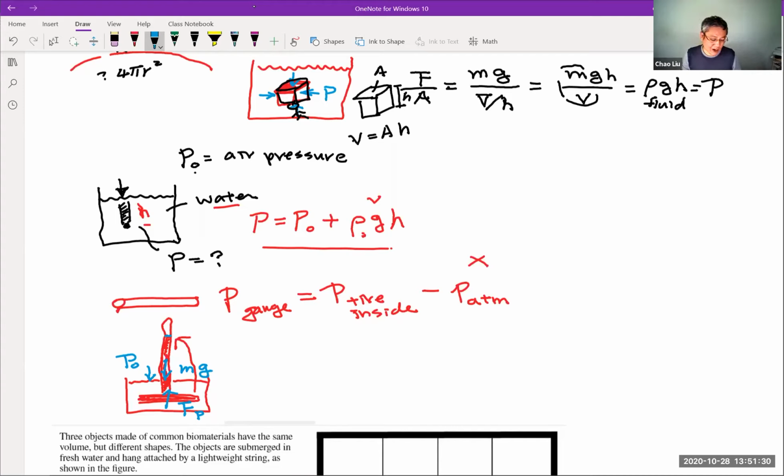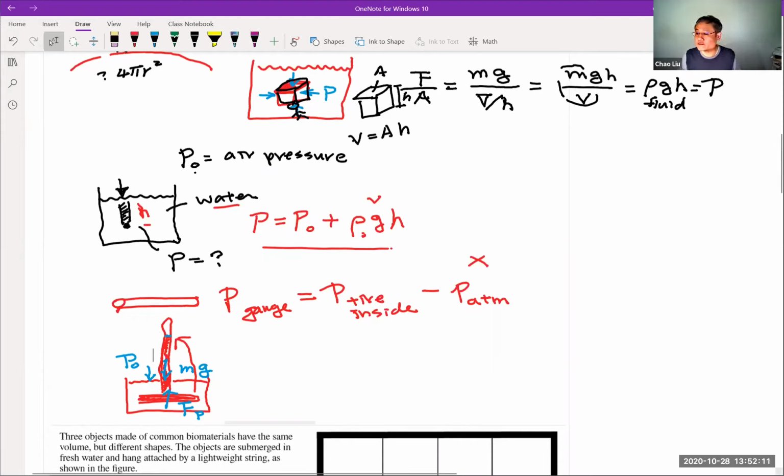That's the idea of the barometer. If the outside air pressure is larger, then the mercury is going to rise higher, and you will get a number larger than 760. 760 is the number when you have 1 atmosphere pressure, 760 millimeter, that's 76 centimeter. Okay. All right. Any question about this part?